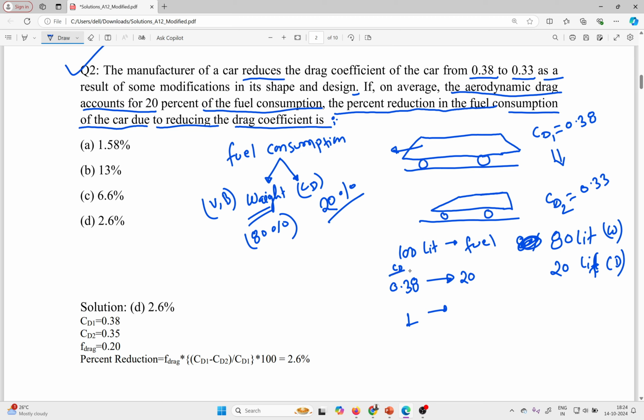This is CD and this is fuel. Now how much will your 0.33 take? 20 divided by 0.38 into 0.33. So this many liters are taken when your drag coefficient is reduced. It should be less than 20, because as your drag coefficient is reduced, your fuel consumption will be reduced. So let me just calculate.